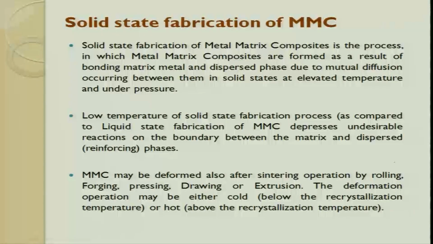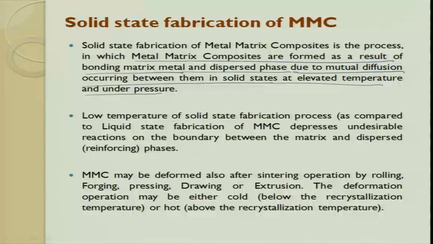In solid state fabrication of metal matrix composite, the composite is formed as a result of bonding of the matrix metal and the dispersed phase, which is nothing but the reinforcement, due to mutual diffusion occurring between them in the solid state at elevated temperatures and elevated pressure.